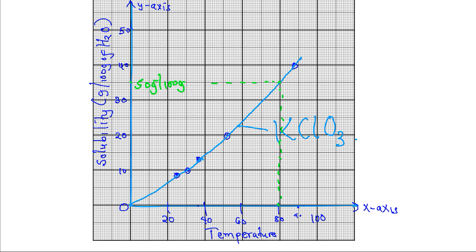When the temperature is 60, the solubility is now lower. So this is at 60, this is at 80. You can see from there that the solubility is simply directly proportional to temperature, where a temperature increase results in a corresponding increase in solubility.